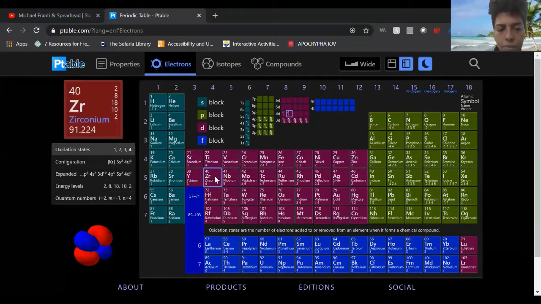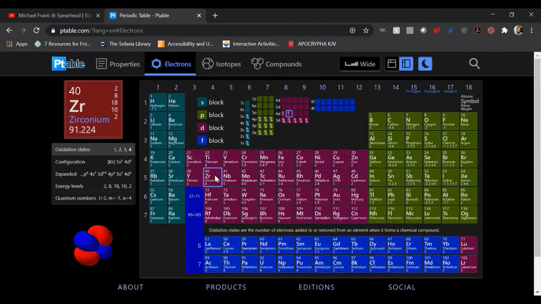So zirconium. Notice that the highest energy level is 5. Where are those electrons found? In the s orbital, in the 5s orbital. So it's going to lose electrons in the 5s orbital.